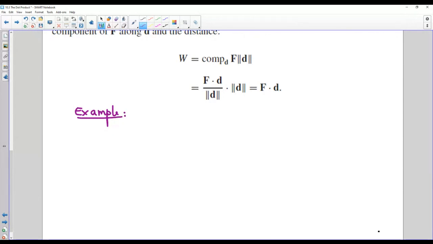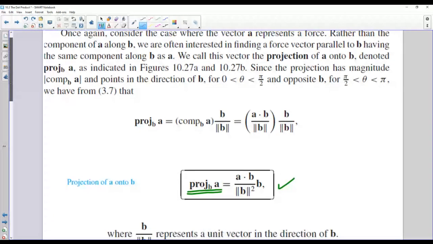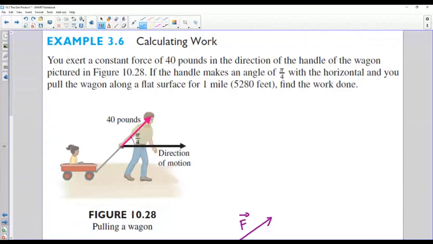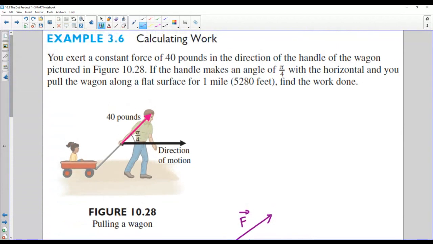Okay, so just suppose we have a force F, which is a vector. Let's say the vector 2, 3, like that. Let me check. Yes, it's here. A force of 40 pounds.